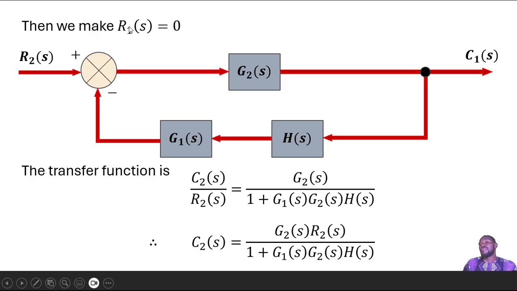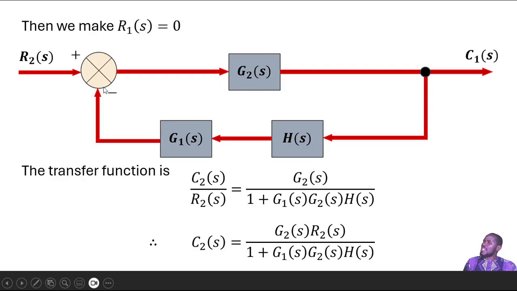So when we now make R1 of S 0, you see now we have R2 of S, excuse me, as the input, okay? And then this goes into G2 of S. Now somebody might be saying, oh, this is very confusing. Follow me very carefully so that I'll explain.